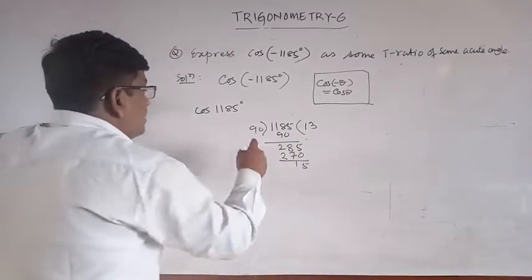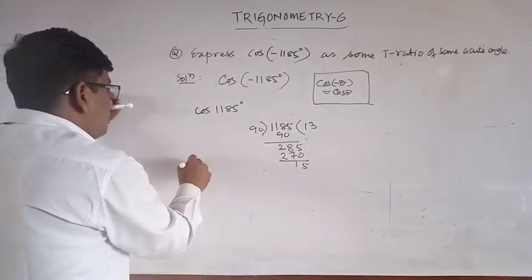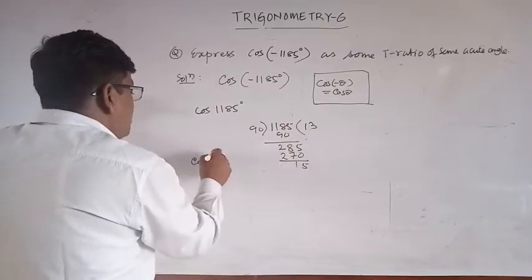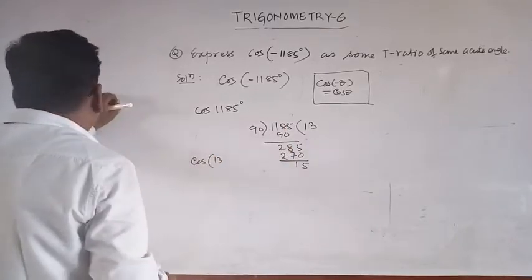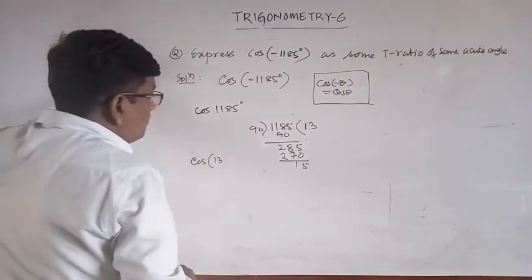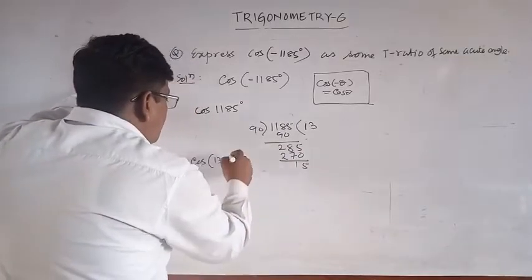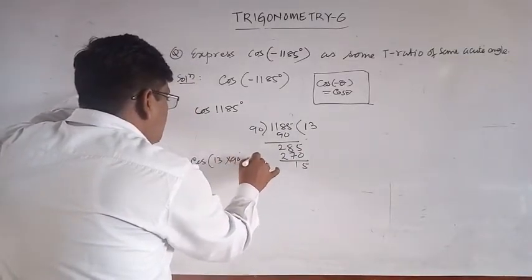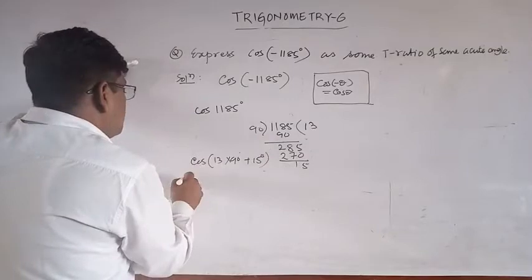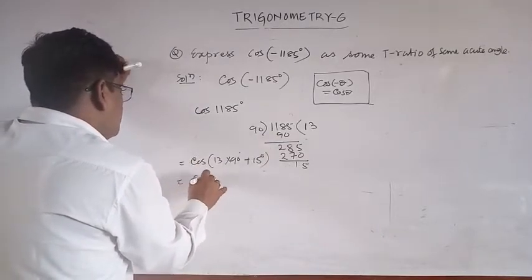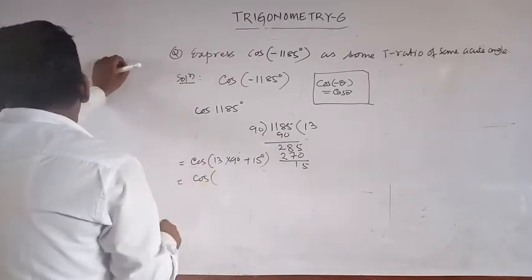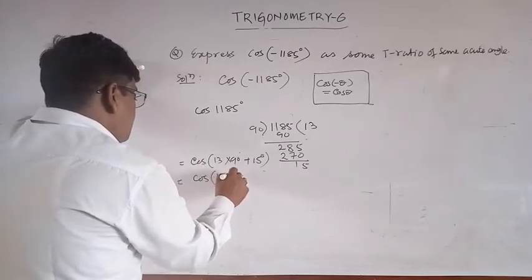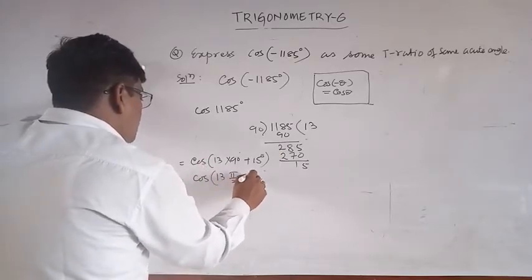So this can be written as cos of quotient 13, pi by 2, 90 degree plus 15 degree. So this is equal to cos of 13 pi by 2 plus 15 degree.